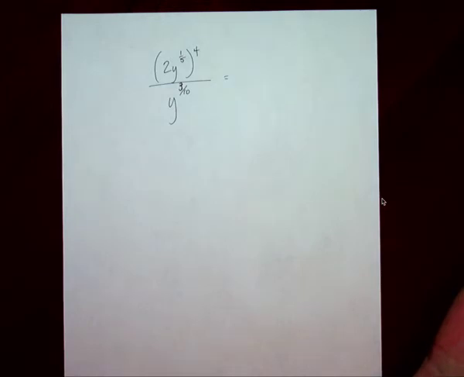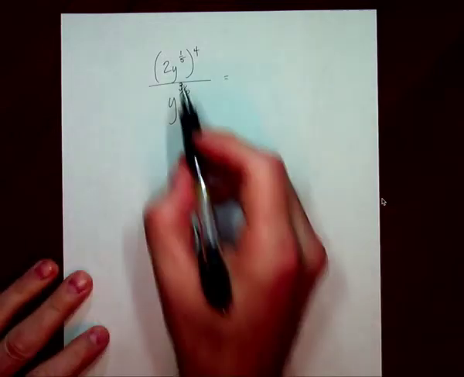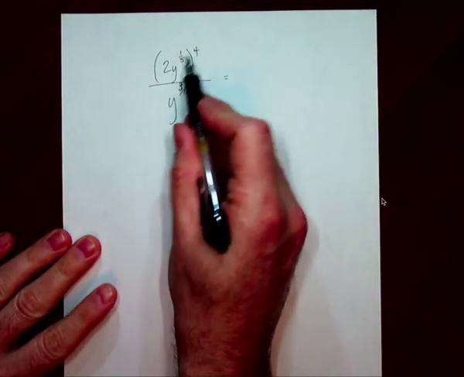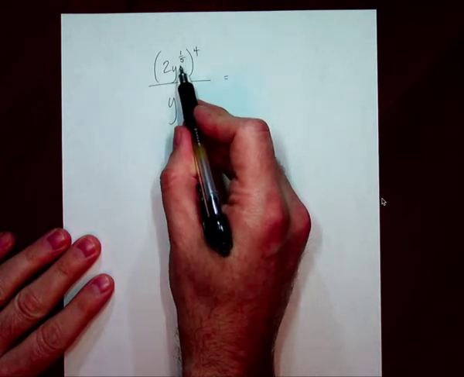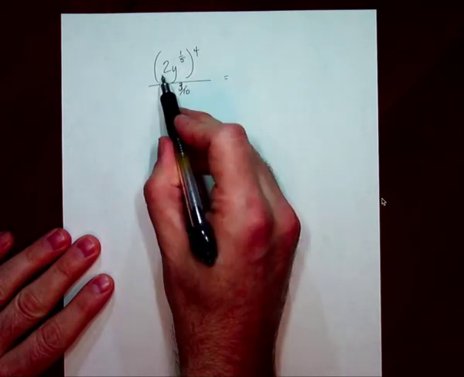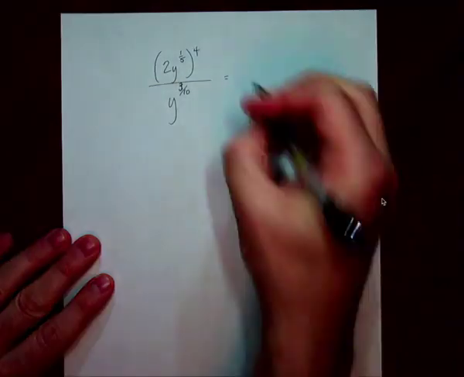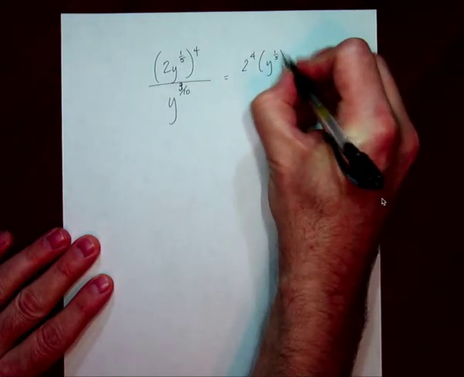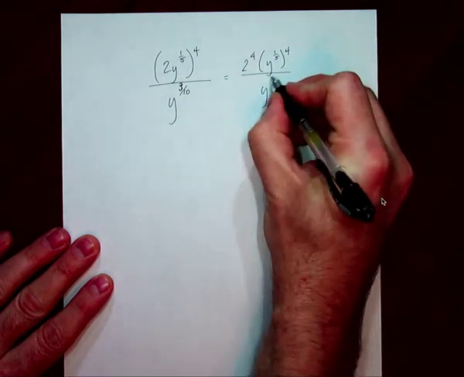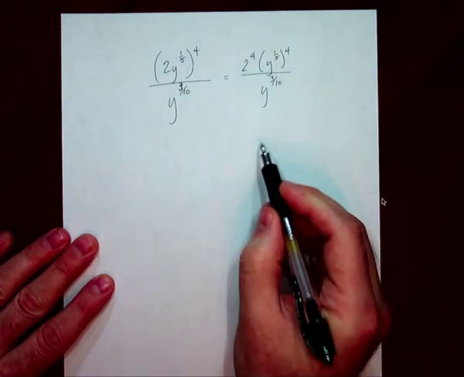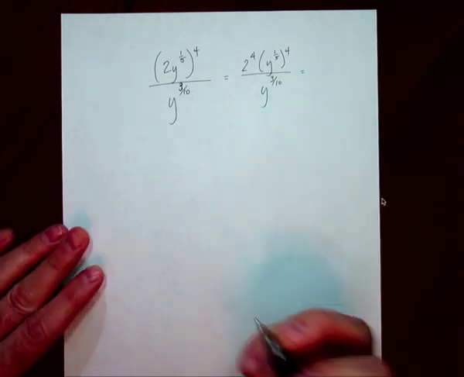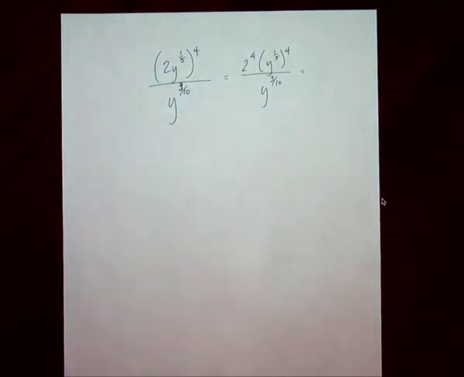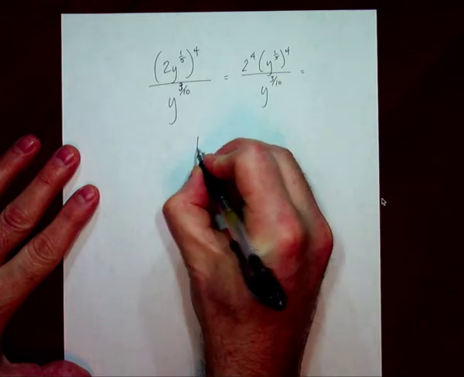Now, the place that I see most of the mistakes on this is that you'll be so intent upon getting the exponent right for the variable that you'll forget that it also needs to be applied to the numerical factor. It's 2 to the 4th y to the 1/5 to the 4th over y to the 3/10. Now, you probably don't need to see that step, all of you, but I'm just putting it in there to illustrate a point. Now, 2 to the 4th is 16.